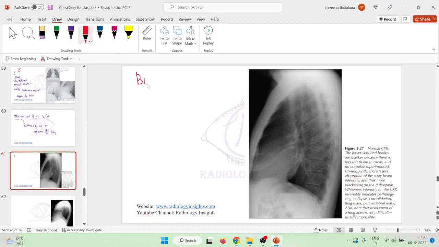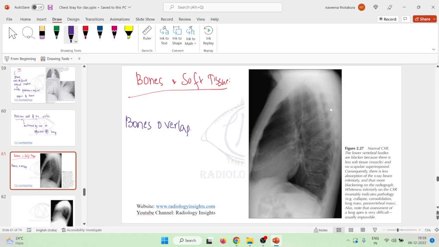Then bones and soft tissues. In the lateral chest X-ray, you will see that the bones overlap each other and result in a shadow.